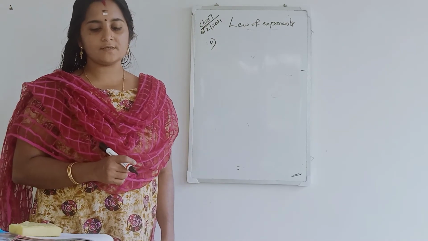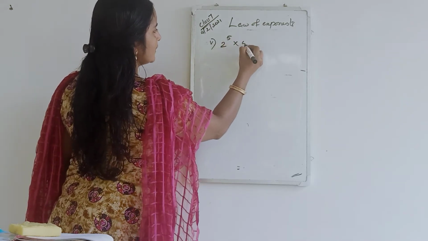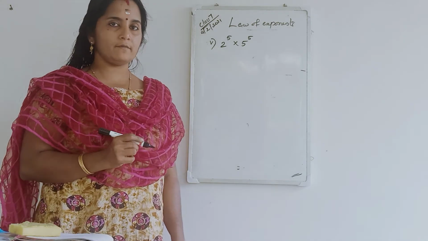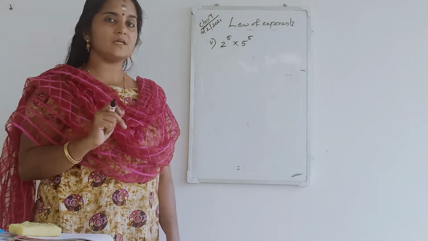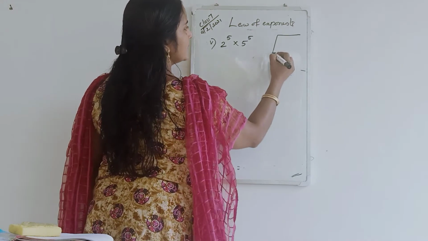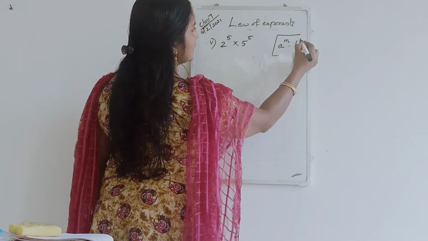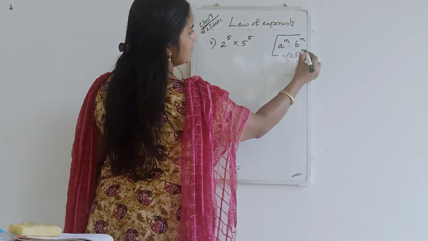The next one is 2 raised to 5 into 5 raised to 5. That is, the powers are the same but the bases are different. So which law do we apply here? a raised to m into b raised to m, we can write it as ab the whole raised to m.